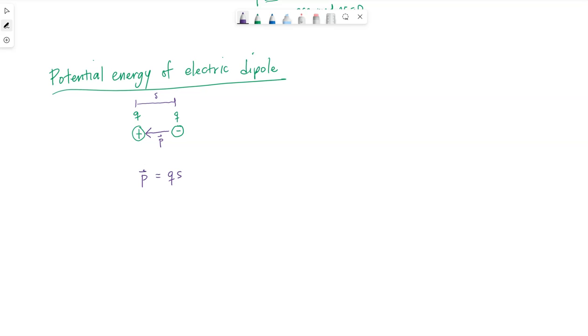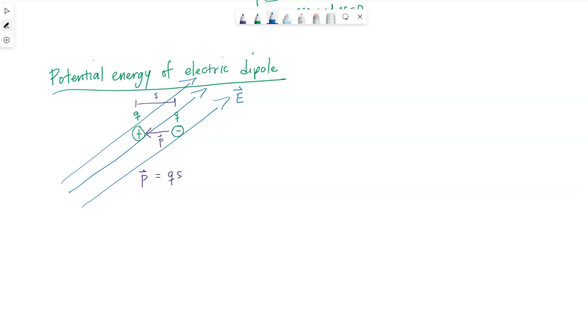If I take this electric dipole and it's in a region that has an electric field created by something else. So these lines I'm drawing now represent an electric field created by something else. I don't even care what's creating it.